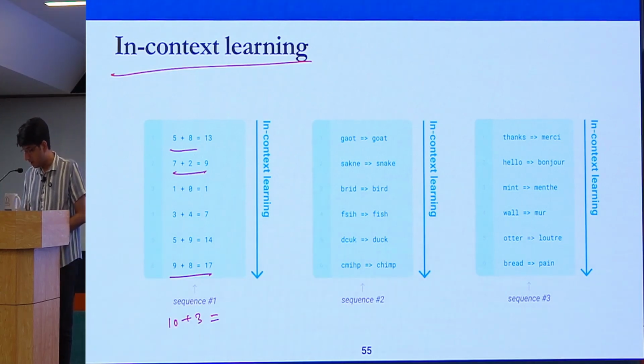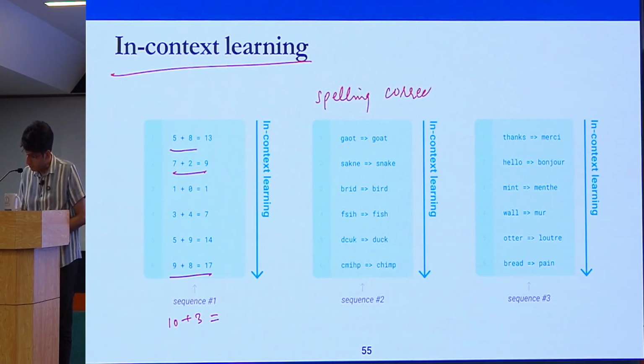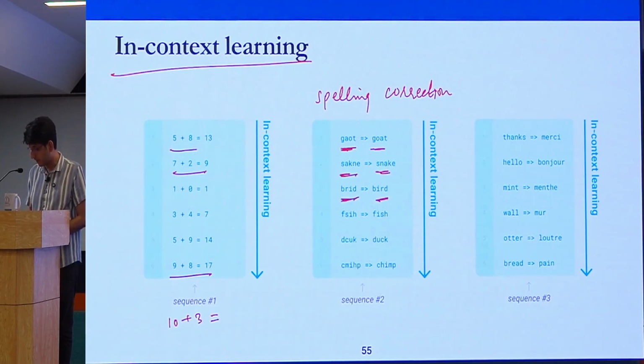Similarly, if you want to do spelling correction, same model, same weights, you just say misspelling, correct spelling, misspelling, correct spelling, misspelling, correct spelling. Now, if you say, let's say, brak, it will give you break.